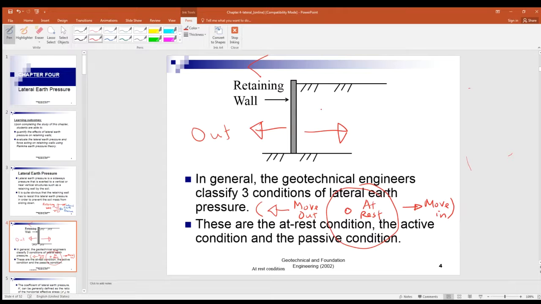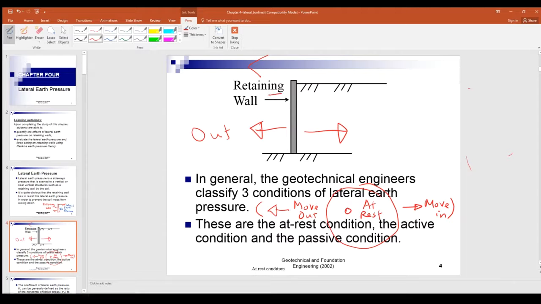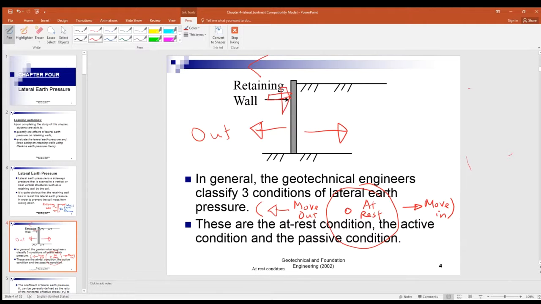Say if this force is very great, this wall may move in, right? So it moves in and out, or at rest. So there are three situations: at rest, going out, or moving in.